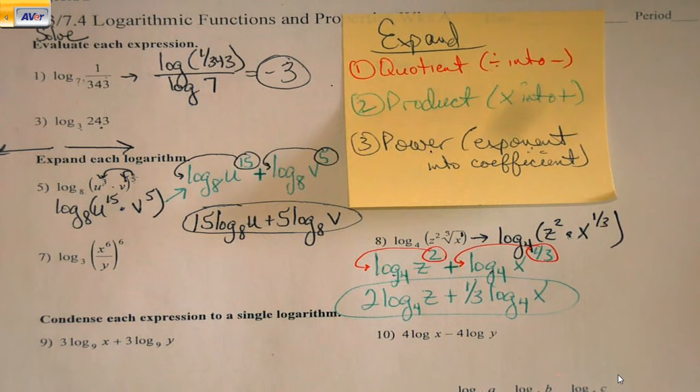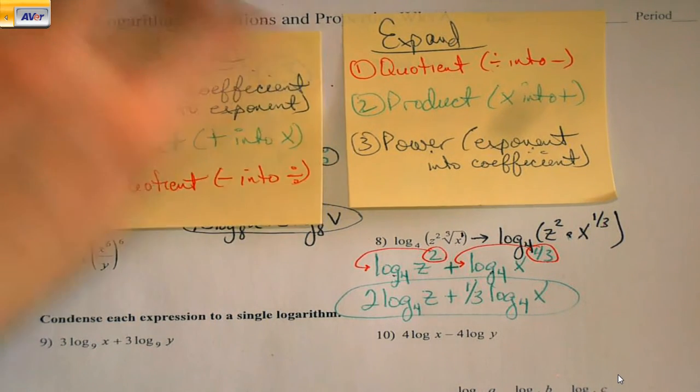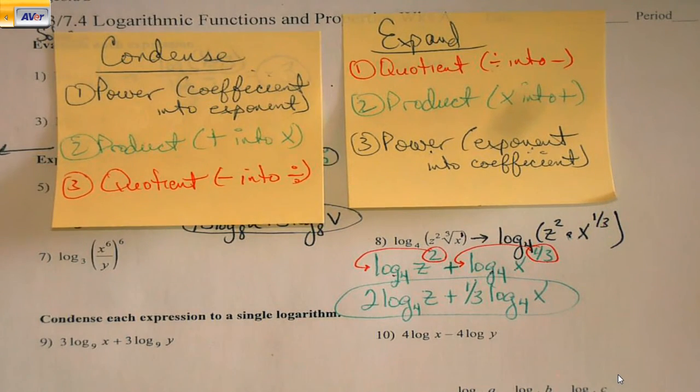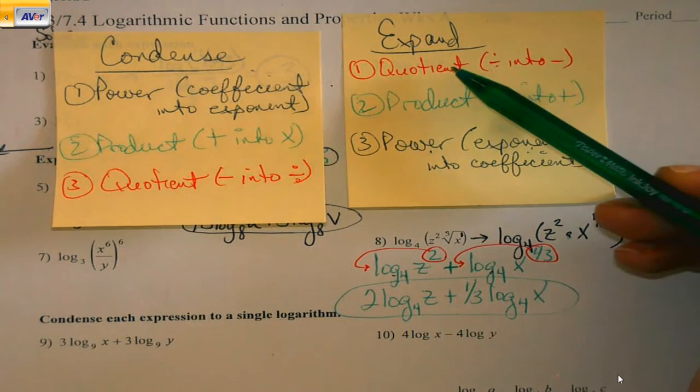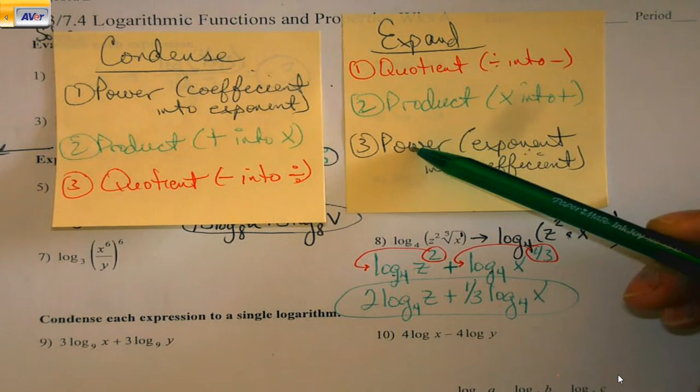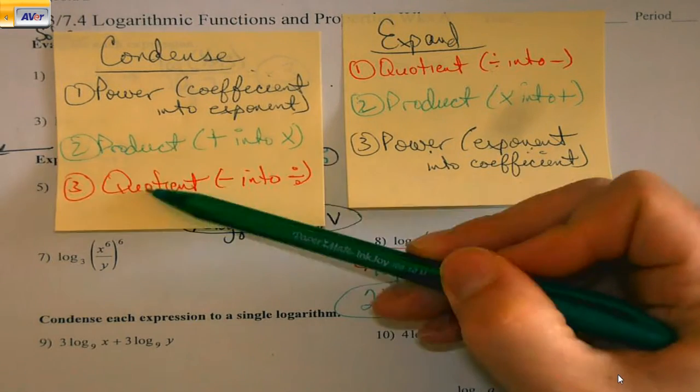When we get to condense, everything kind of flips. The order that we do things in and the direction we go. So just kind of as a side-by-side here for a minute. When I look at condense, I notice instead of going quotient, product, power, now it goes power, product, quotient.